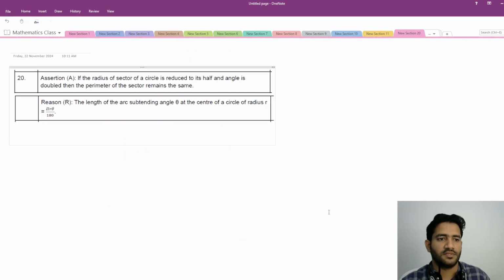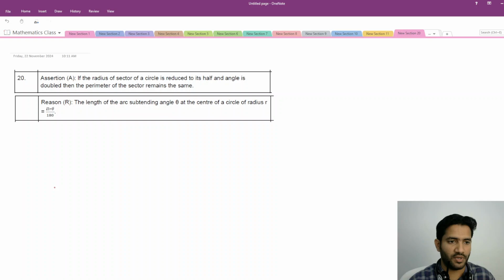Now, the last one from the MCQ, section A, the last question, the 20th one. Assertion: if the radius of a sector of a circle is reduced. Look here, they are confusing it with the perimeter of a sector.